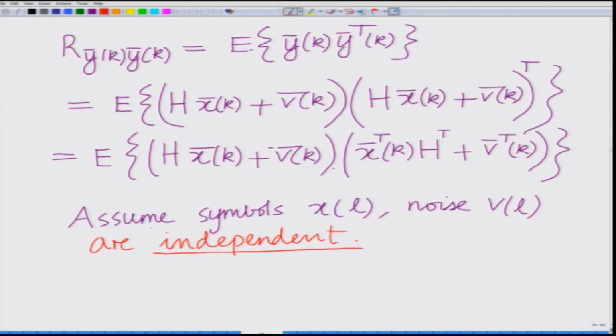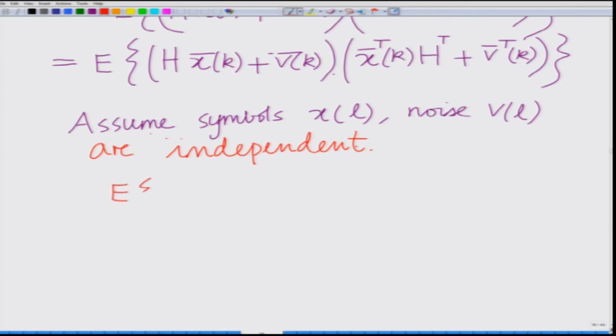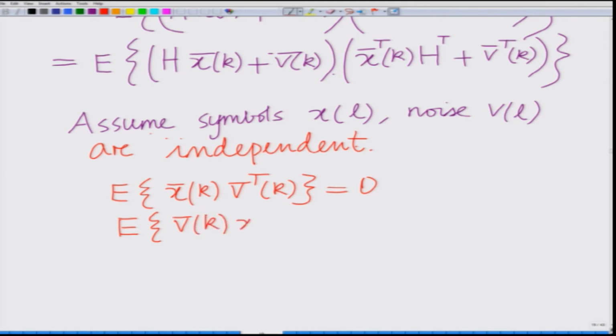So these are different processes, and therefore independent. Naturally, if we assume zero mean noise, expected value of x bar k v bar transpose k equals 0, and expected value of v bar k x bar transpose k equals 0. Both of these things are 0.